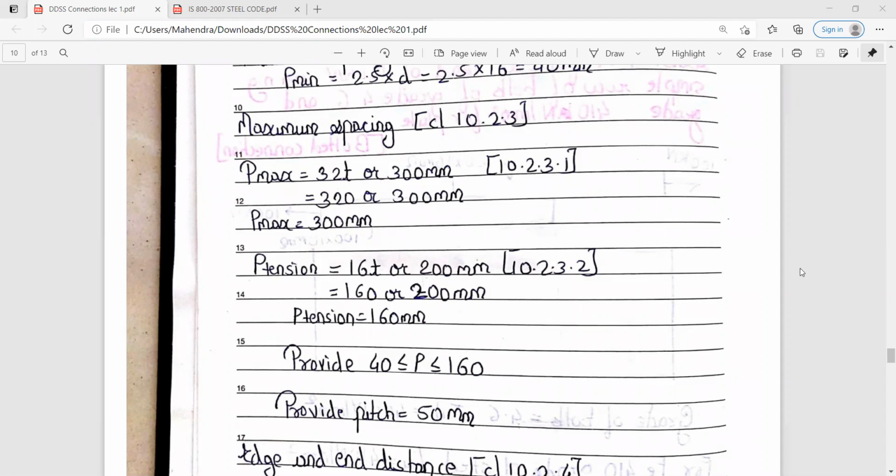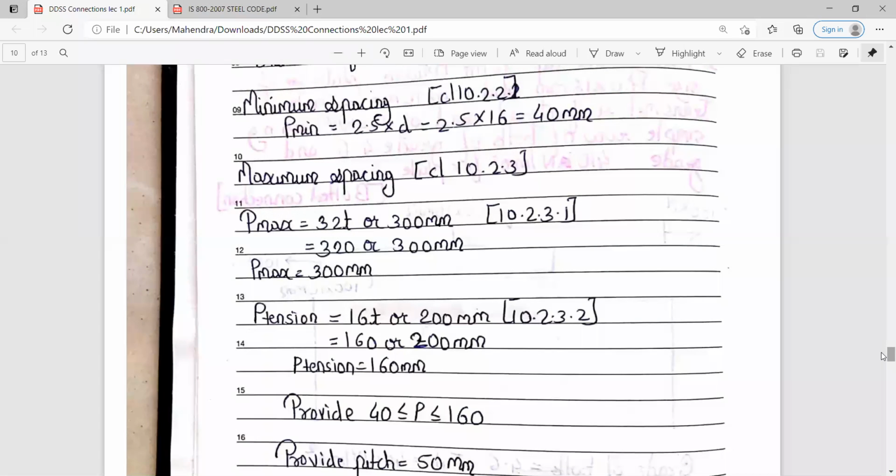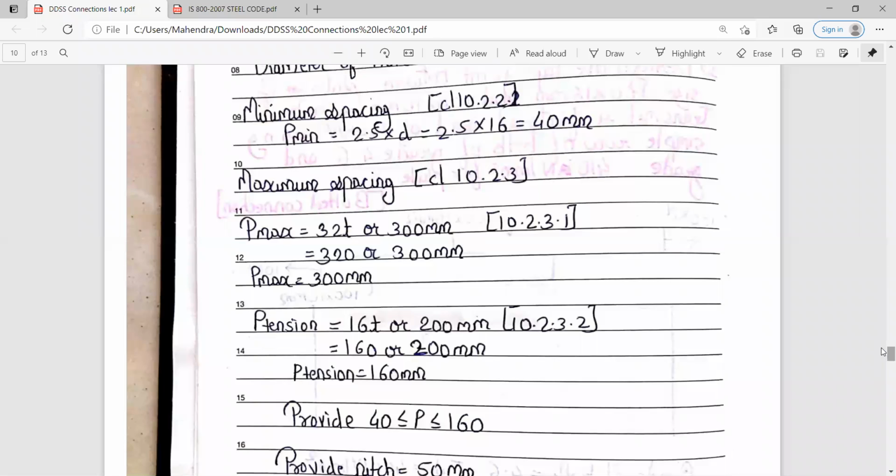Yes, for calculation of P minimum, the diameter of the bolt is taken because in your clause they have mentioned 2.5 into diameter of the bolt. They have not mentioned the diameter of the hole. That is why we have considered the diameter of the bolt, 16. If they had mentioned the diameter of the hole, we would have considered the diameter of the hole.